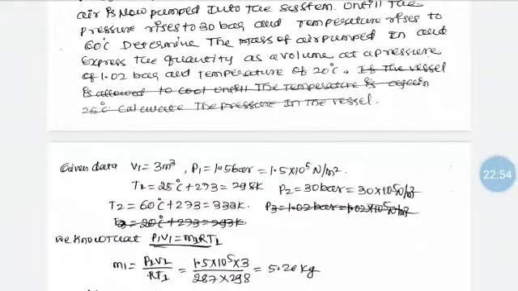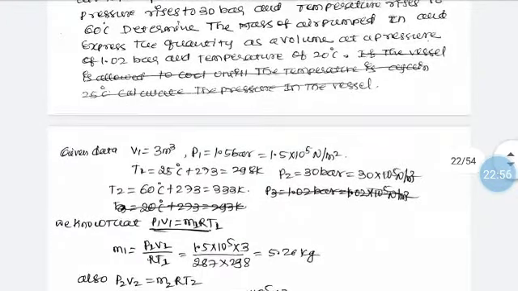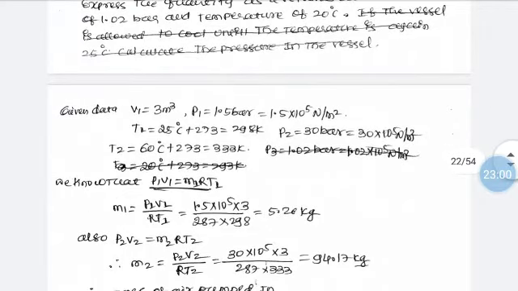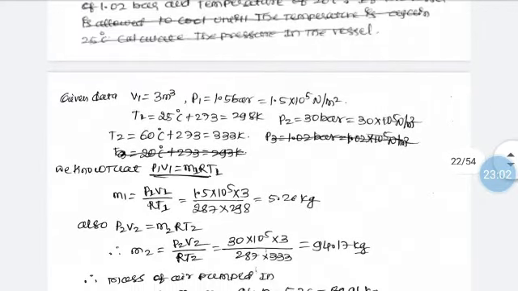We know the characteristic gas equation P1 V1 is equal to M1 R T1, where M1 is the initial mass of air. From this we can calculate M1, the initial air in the vessel without adding any additional air.